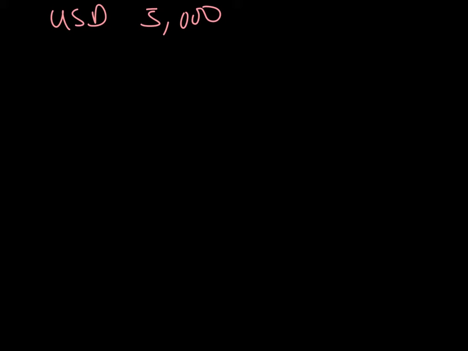And we know that initially he is going to convert 3,000 US dollars into the Venezuelan bolivars. So let's have a look at what that works out at. We know initially that $1 US is the same as 6.3021 VEF.